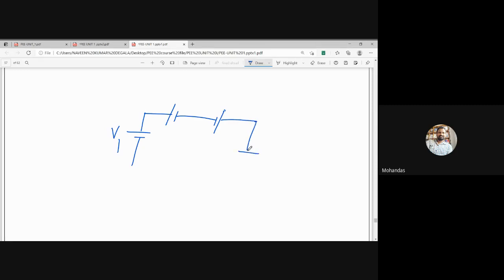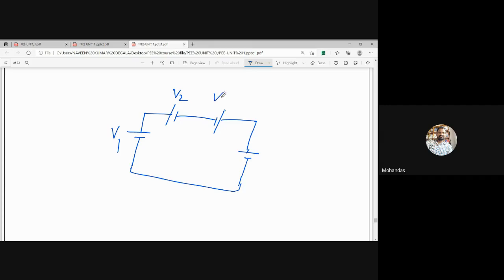Only voltages are given, not resistors. Here the sign convention is not given. If the sign convention is not given, based on the battery symbol, we can assign the sign polarities.